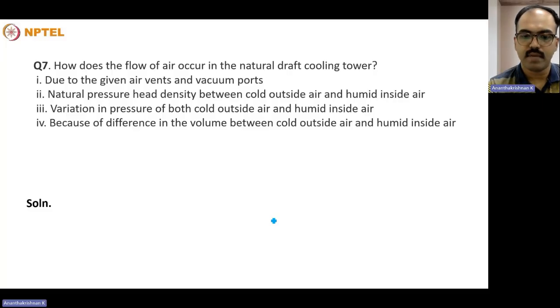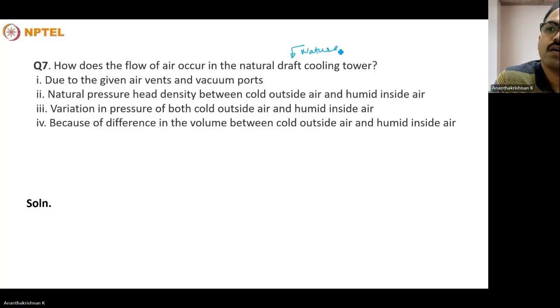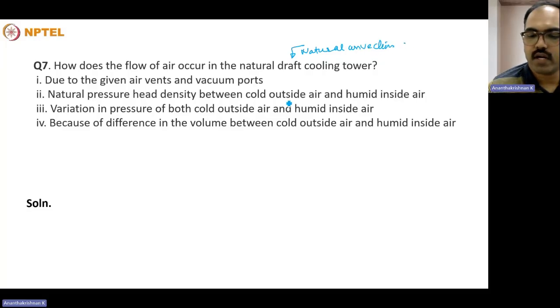So we have seen in one of the previous questions, natural draft cooling tower works on natural convection. So it works on difference in density. So we can ignore every other option. It is a density difference between the cold outside air and the humid inside air that matters.